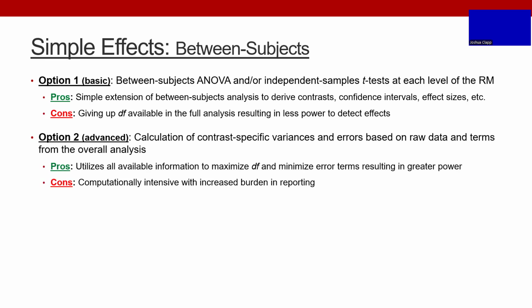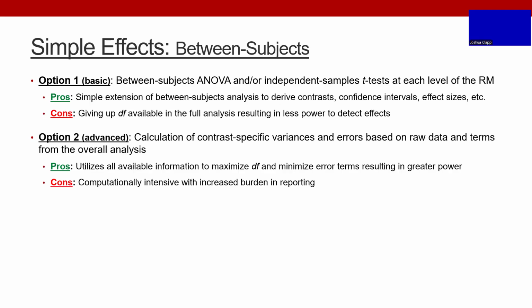Other thing you can do, if we're really getting into the nuts and bolts and the weeds of things, is start calculating contrast-specific variances and errors based on raw data terms from the overall analysis. This is some real under-the-hood business. We're parceling out some sum of squares stuff to pull terms from different components of our omnibus test to build in standard errors and things along those lines.